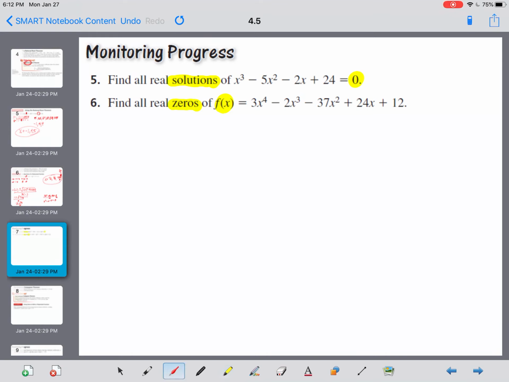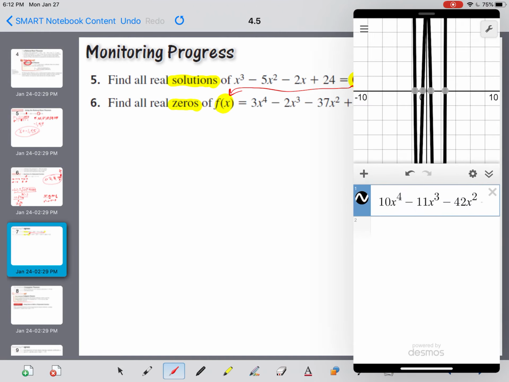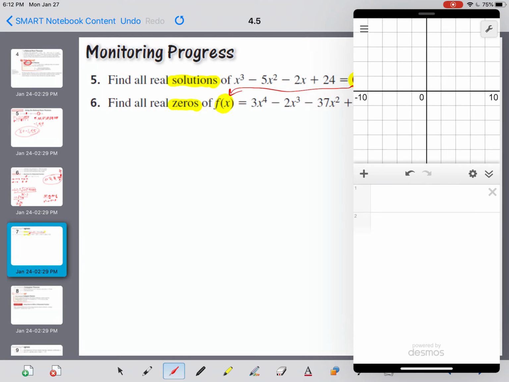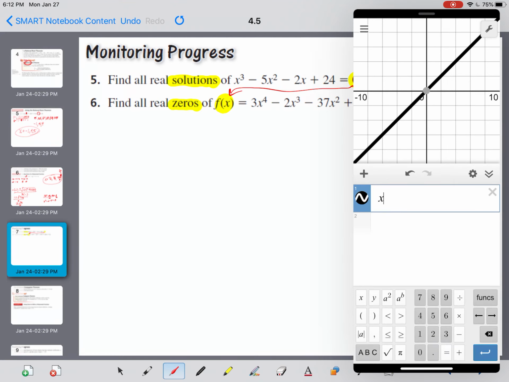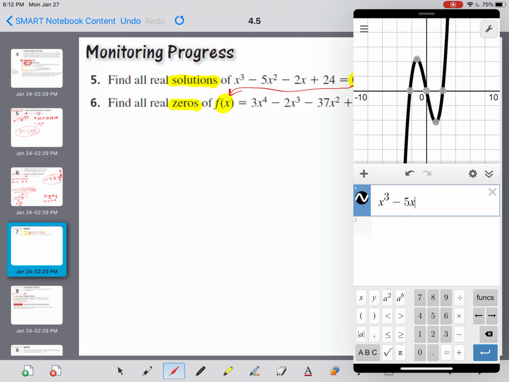So we're just substituting this in there, finding zeros. So let's look at the first one, which is x to the third minus 5x squared minus 2x plus 24.